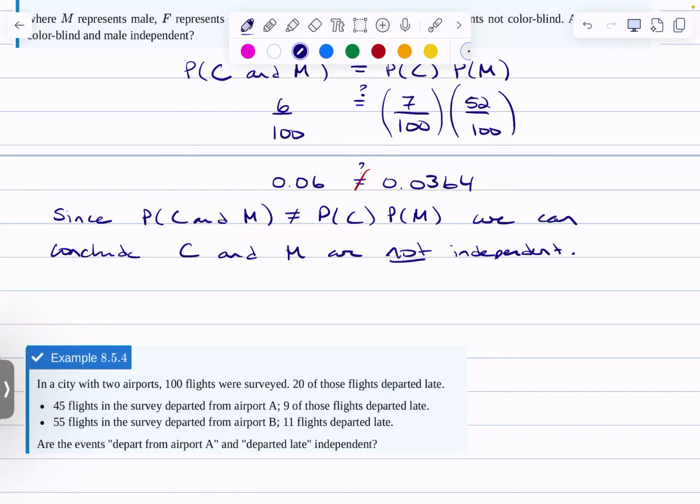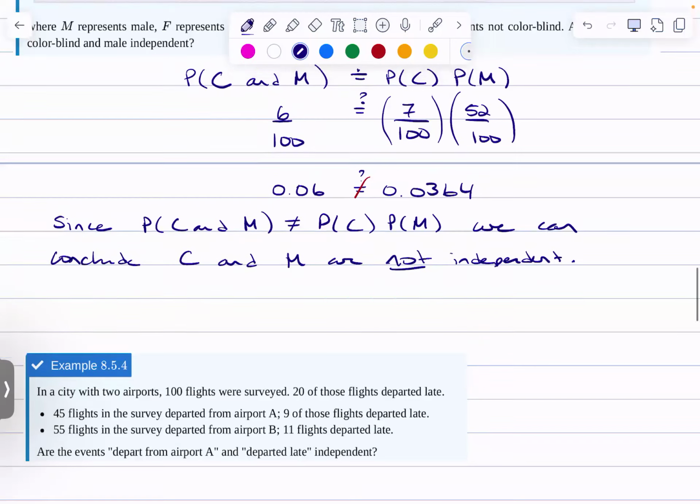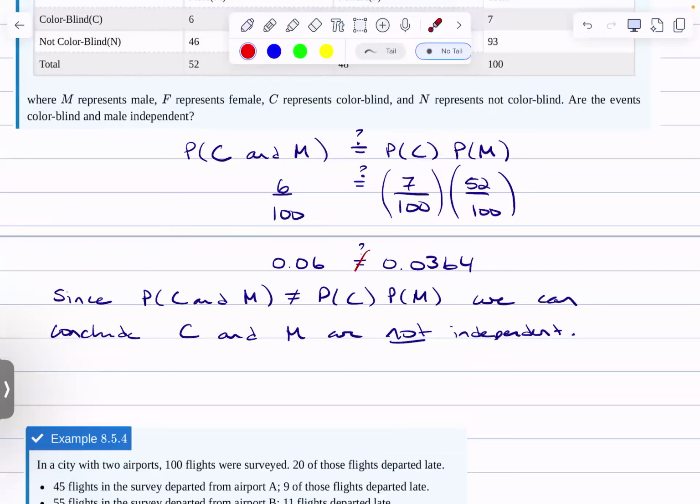So that's how I generally want you to use this formula. Unless I tell you that these two things are independent, then you're allowed to multiply those probabilities to get that and probability.